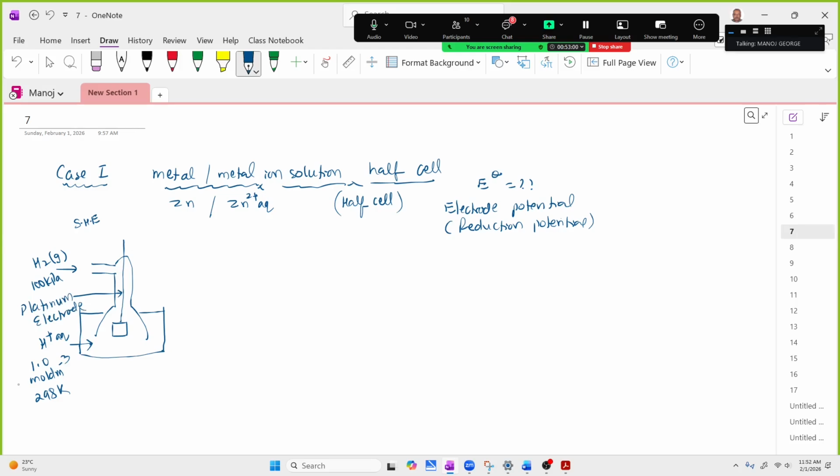And this is the SHE, my half cell number 1. Now I have to draw the other half cell. This half cell is the zinc half cell. So this is my zinc electrode, correct? Maybe not that big. I need to have a voltmeter.